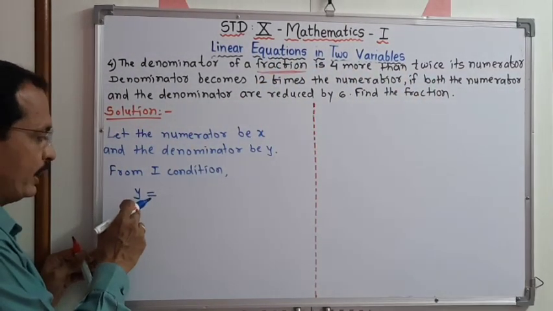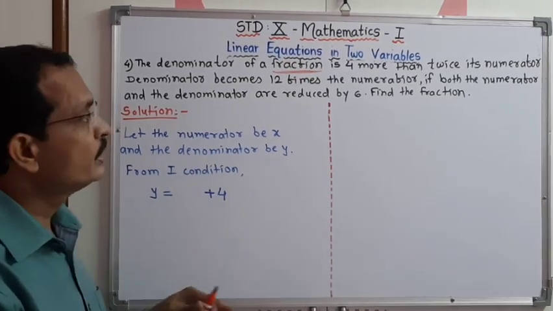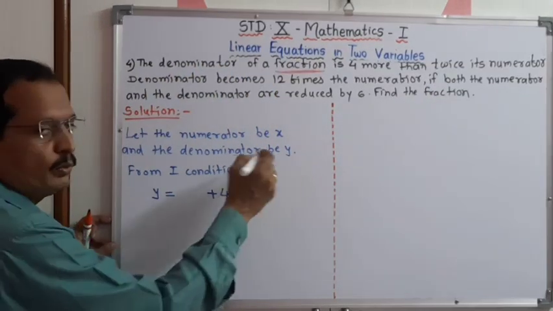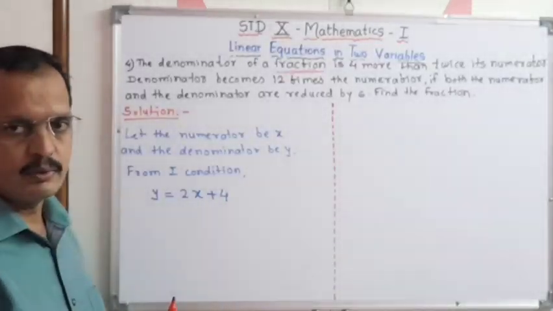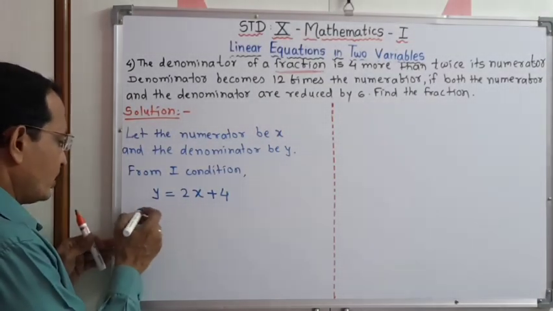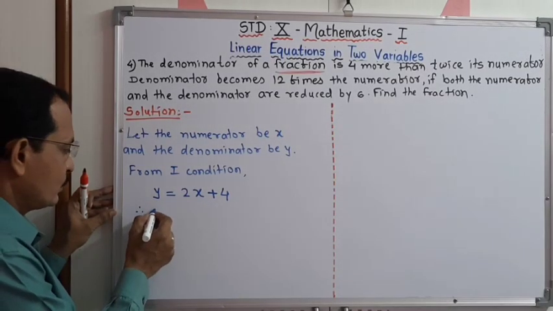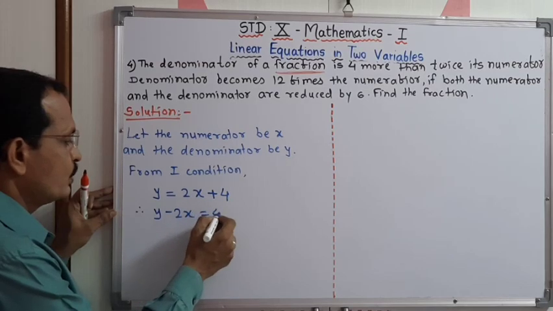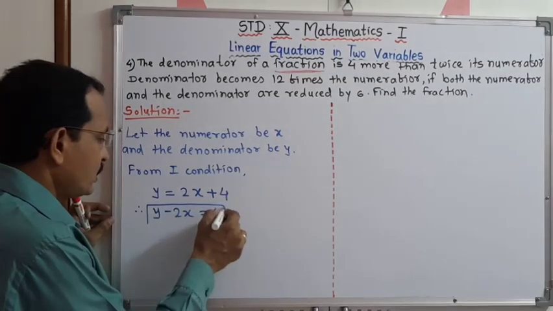Therefore denominator y is, we have to add 4 to twice its numerator. Numerator is x, we have to make the twice, therefore it is 2x. Therefore we get here y is equal to 2x plus 4. We have to write it in a standard form. Take out this y, then y minus 2x is equal to 4. Now equation number 1.